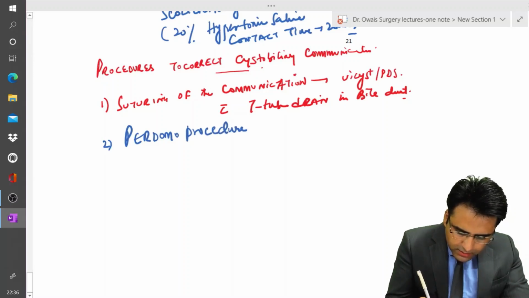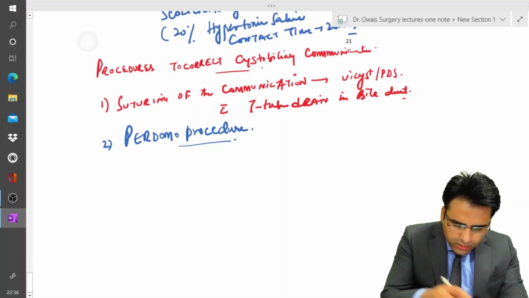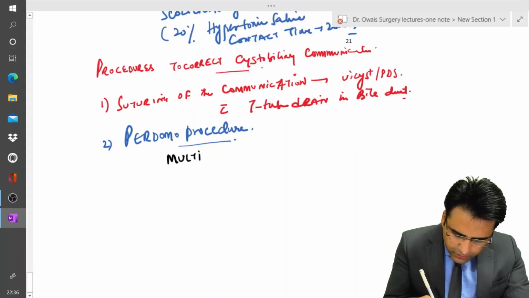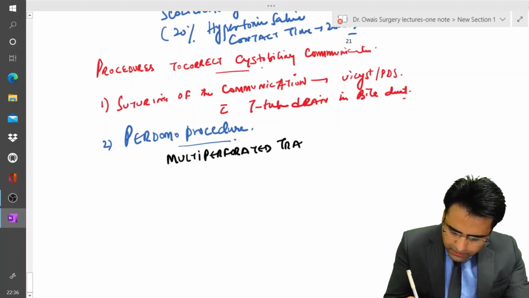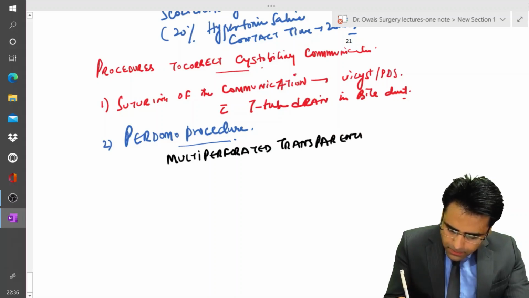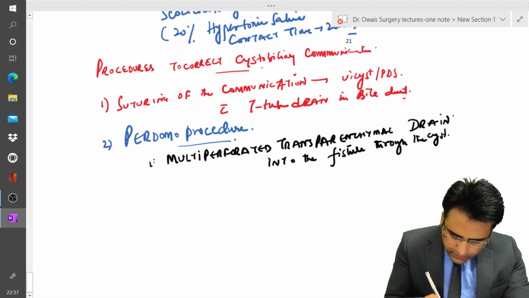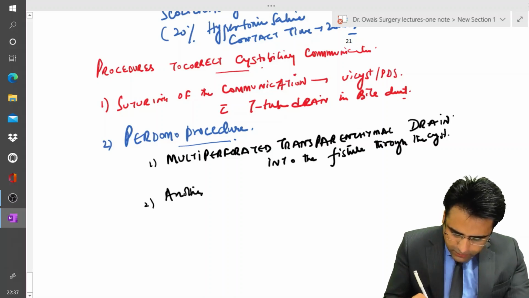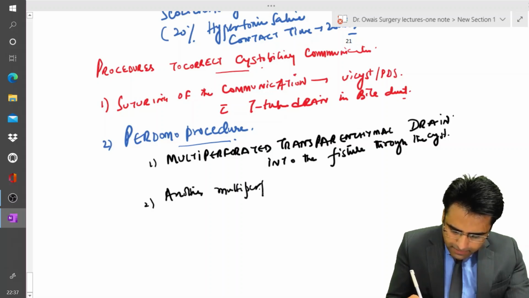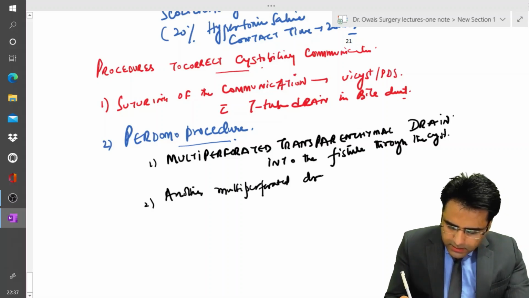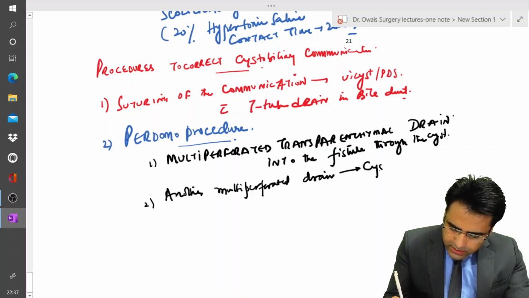It includes placement of a multi-perforated transparenchymal drain into the fistula through the cyst, and another multi-perforated drain is placed into the cyst cavity.